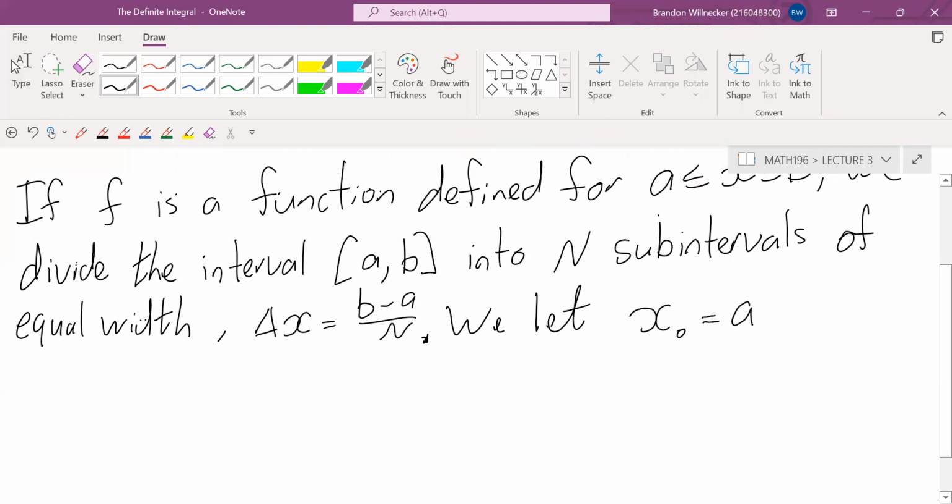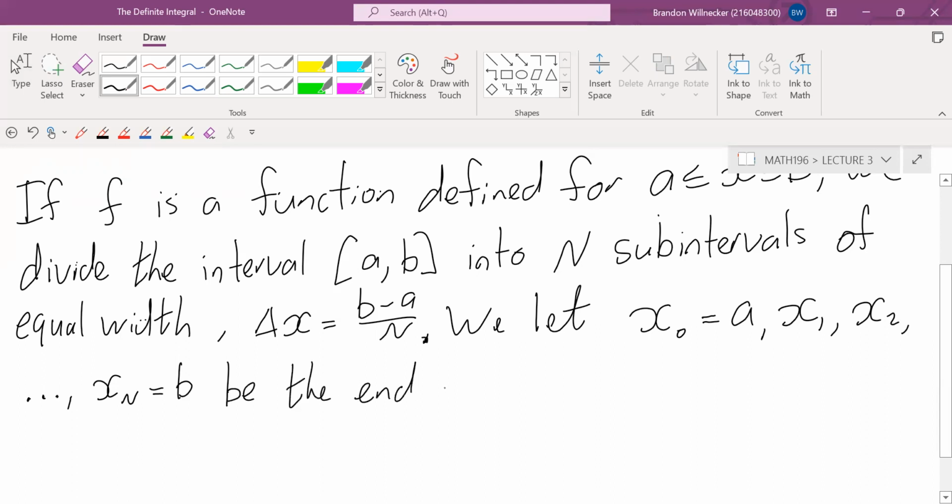So that's our first x value. x1, x2, dot, dot, dot, up to xn, which we define to be b. That's our upper bound to the interval. Be the endpoints of the subintervals.